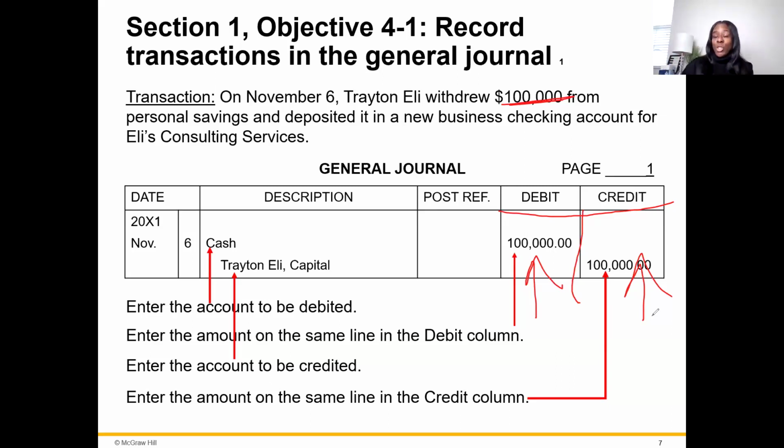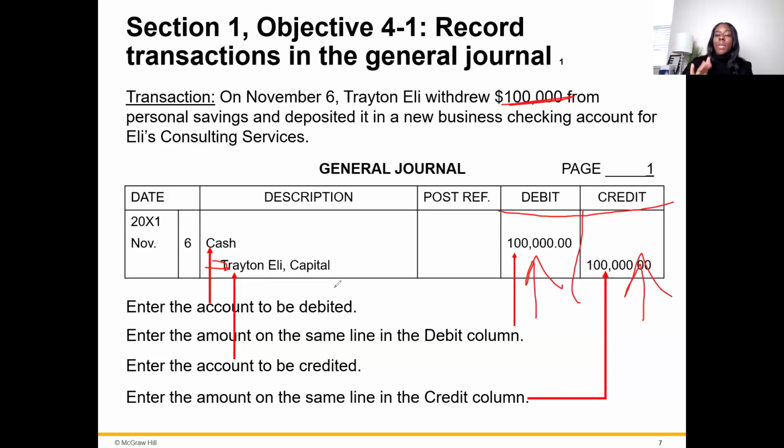Let me point out 5 things for this journal entry. It may be on the next page, but I get so excited when teaching, I get ahead of myself. There are 5 components to a journal entry. The first is the date. Notice this is November the 6th, so we put the date. The second is you list the debit first and then its amount. You indent in 2 characters. Notice this is indented in, and you list the credit and its amount.